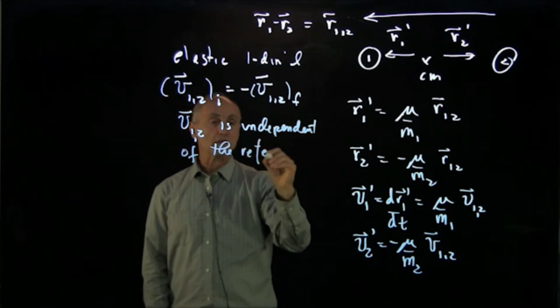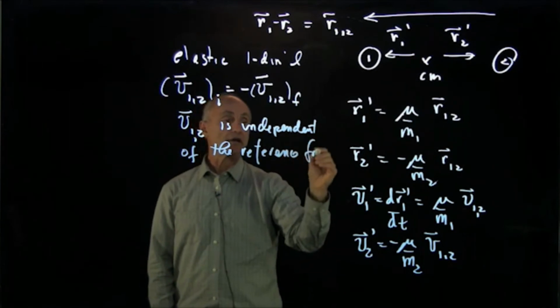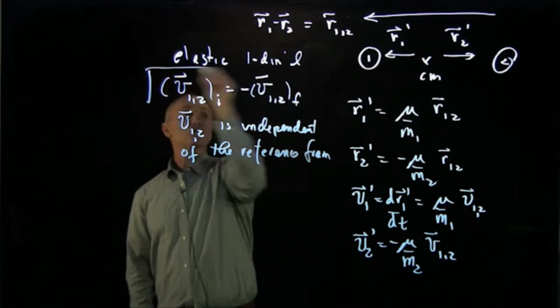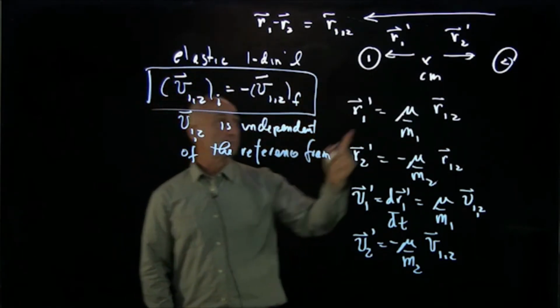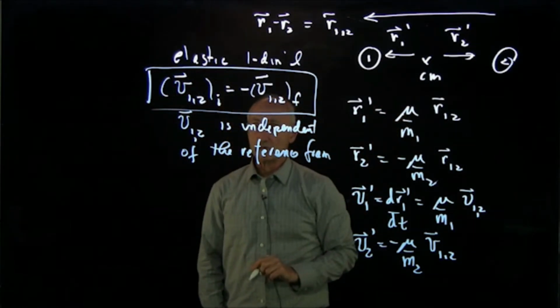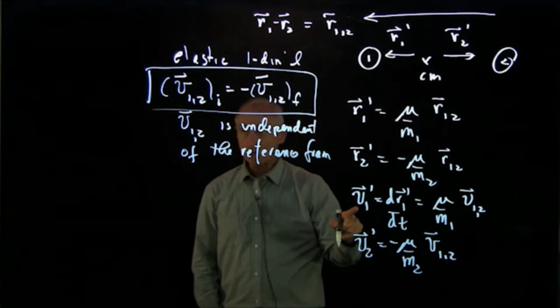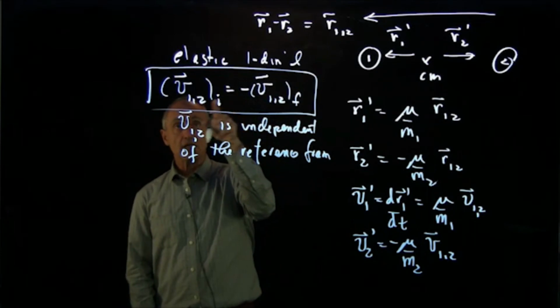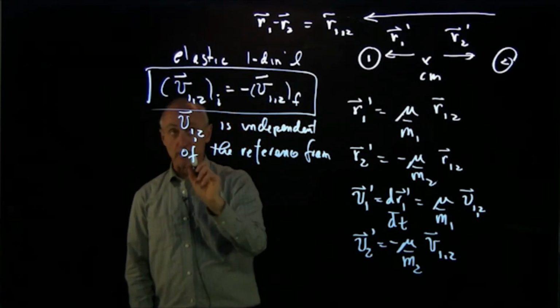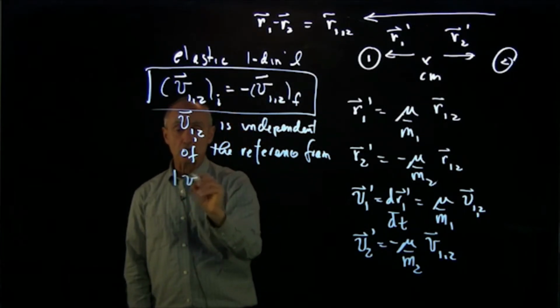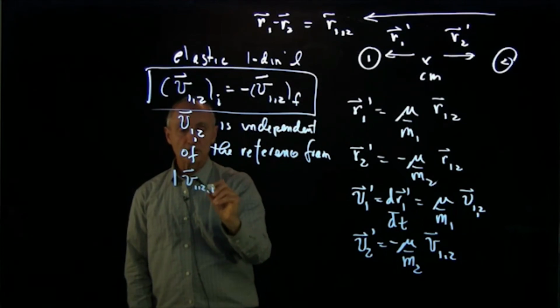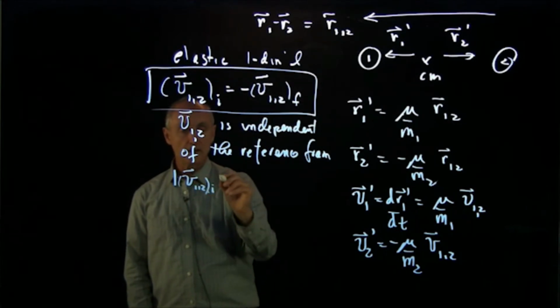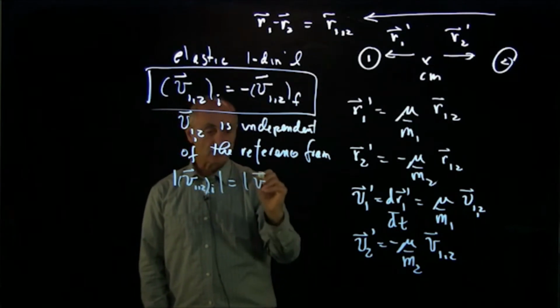So this condition about relative velocity is true in any reference frame, and in particular, it's true in the center of mass frame. So what that shows us is that the magnitude of the relative velocity is constant.